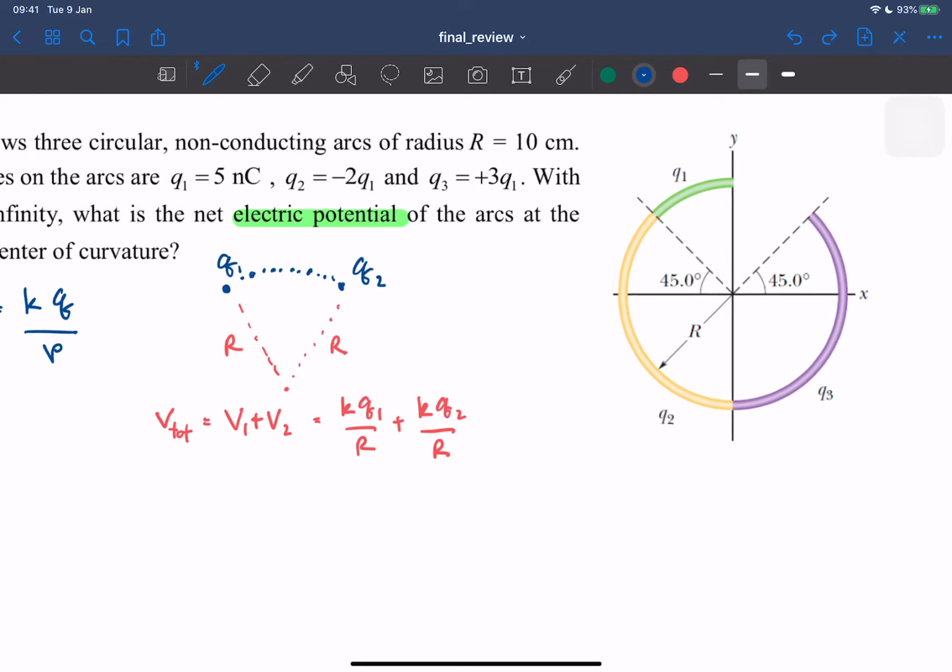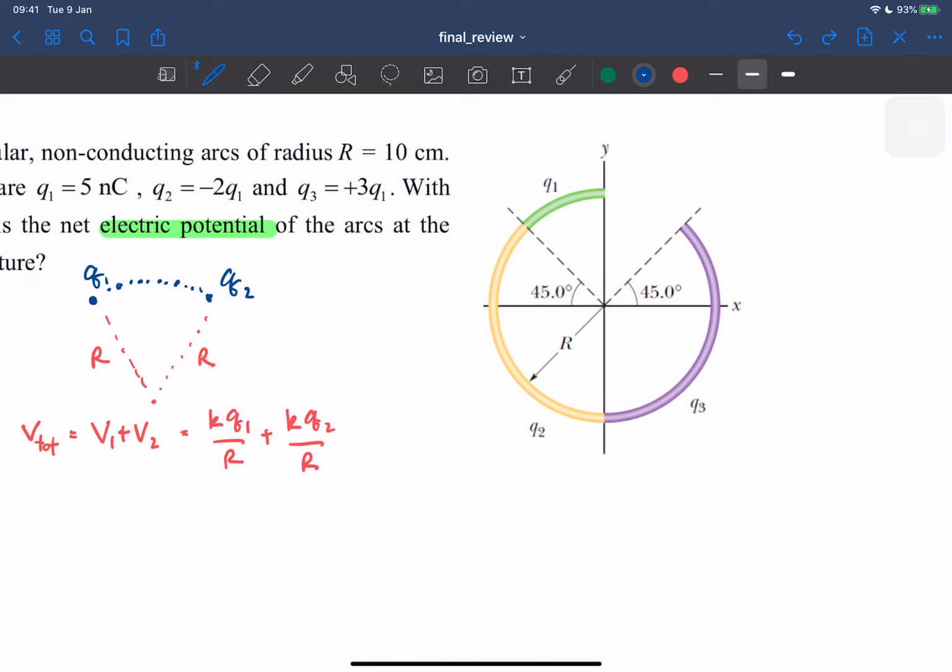So if you go back to this diagram, for Q1, the total charge is 5 nC. nC is nanocoulomb, right? It's 10 to the minus 9 coulombs. So if you divide the charge into different chunks, for each of them you just need to do KQ divided by R, but when you add them all up together, you just recover the total charge again.